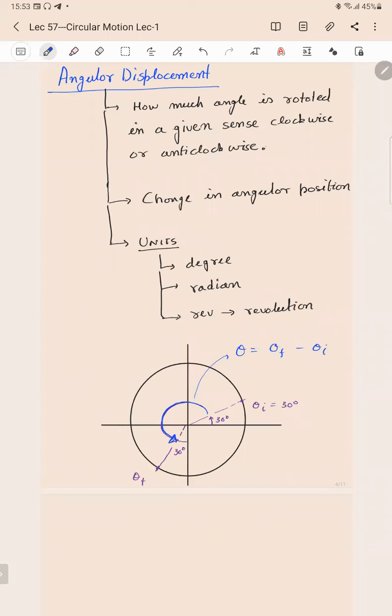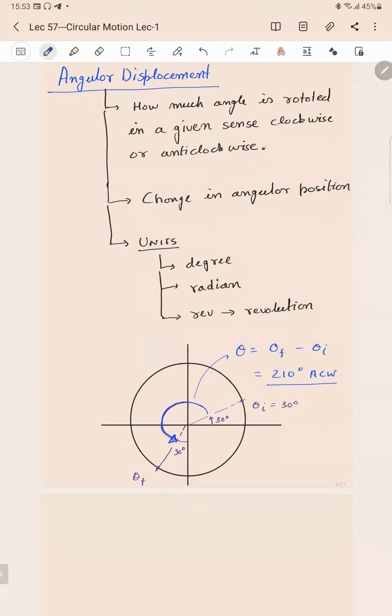Arya, are you listening to me? So my angular displacement is how much? Sir, 210 degrees anti-clockwise. Perfect. 210 degrees anti-clockwise. Absolutely correct.